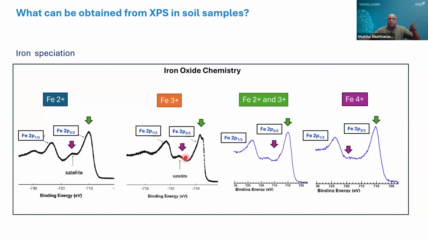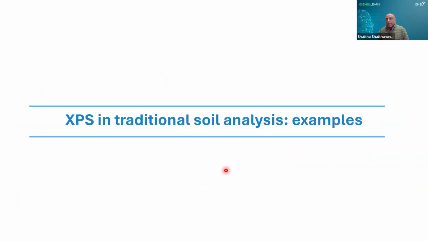Here the satellite is coming away from the main peak, and some of the satellites have larger intensity, some less intensity. So by looking at these kinds of spectral analyses, we can identify what kind of iron oxide is present in your sample, whether it is in a reducing condition or oxidizing condition and things like that.